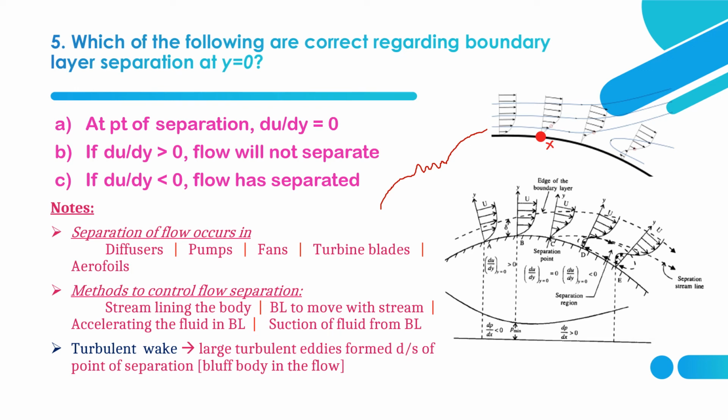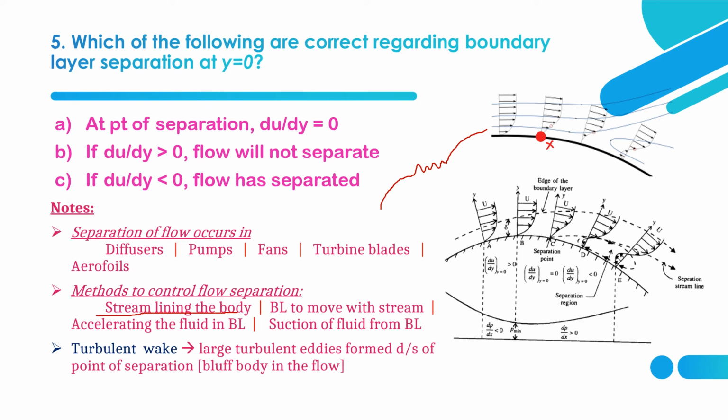So thereby we can streamline the body. So again, by use of suitably shaped bodies, the point of transition of boundary layer from laminar to turbulent can be moved downstream, which may result in reduction of skin friction. Therefore, we can streamline the body.